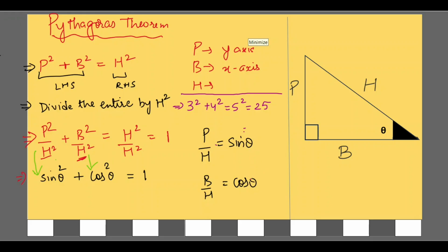If you want to remember cosine theta, you can simply think of it as the complement of sine. So remember, sine theta will always be perpendicular by hypotenuse, and cos theta will be base by hypotenuse. Now the thing to remember is, let me put this in a box.